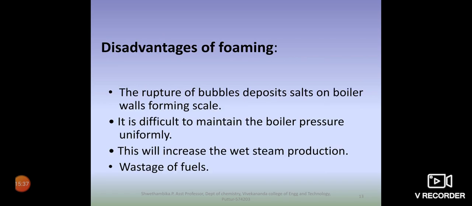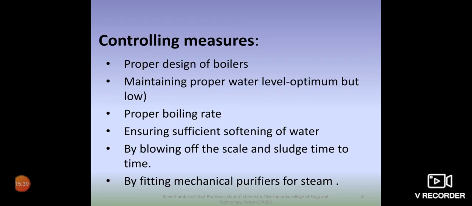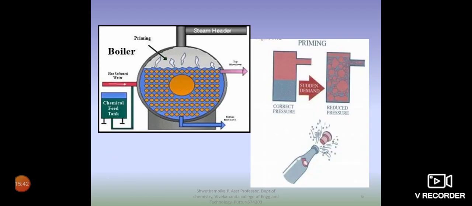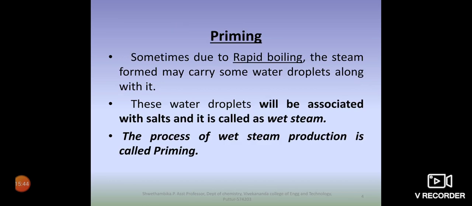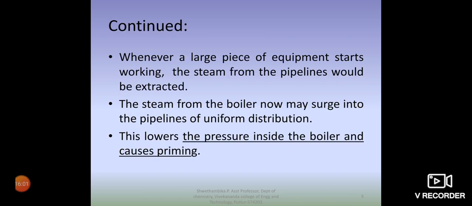Let us now once quickly go through all the slides whichever we have discussed so far, and let me tell the important points from the exam point of view. So here in priming, the definition of wet steam and priming is important. That is, the water droplets carried with the steam along with the associated salt is wet steam. Process of wet steam production is priming.